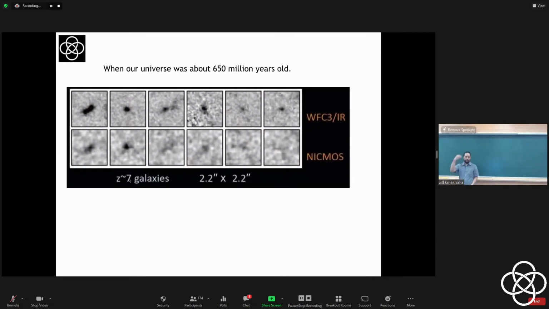Obviously we cannot see galaxies as we see them in the local universe, but if you think about very high redshift, galaxies in the early universe, this is, for example, redshift 7, when the universe was just 650 million years old. And you see in the infrared camera how some of these galaxies are.